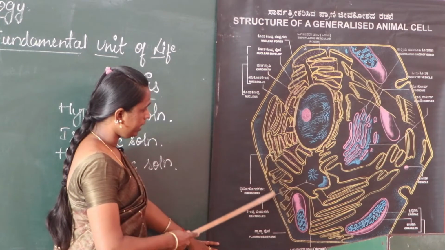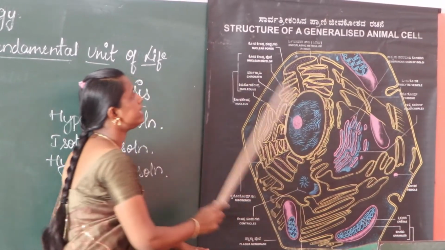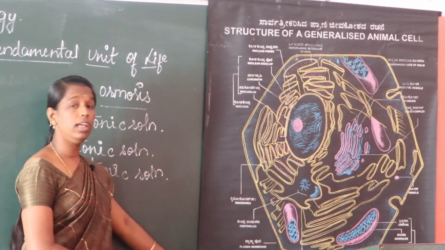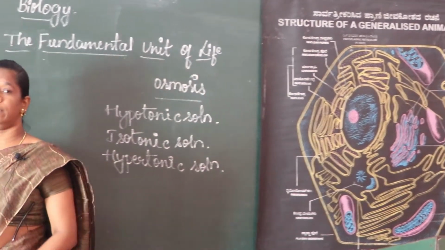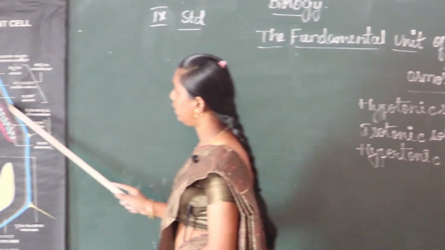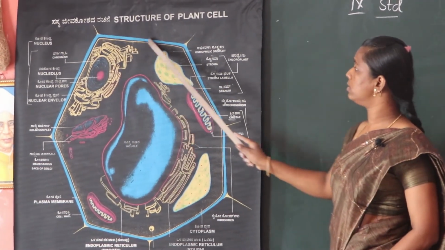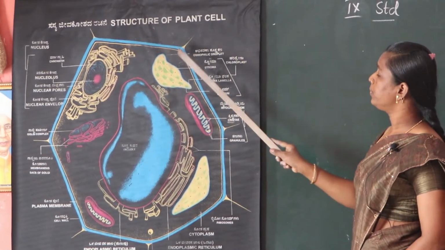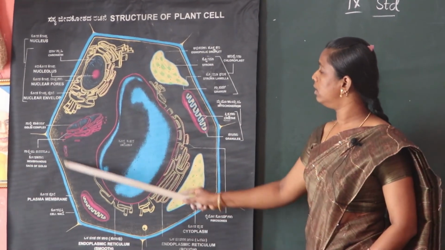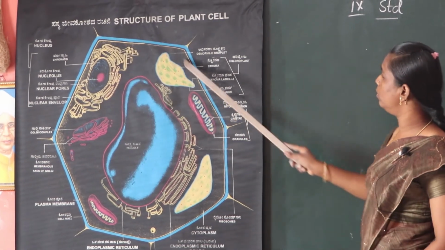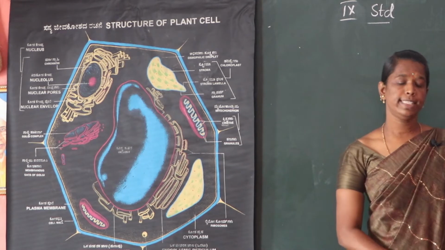See, here the cell wall. Usually this is the plant cell, the animal cell. Cell wall is present, whereas coming to the plant cell, in the plant cell the cell wall is made of cellulose. The cell wall is called cellulose.